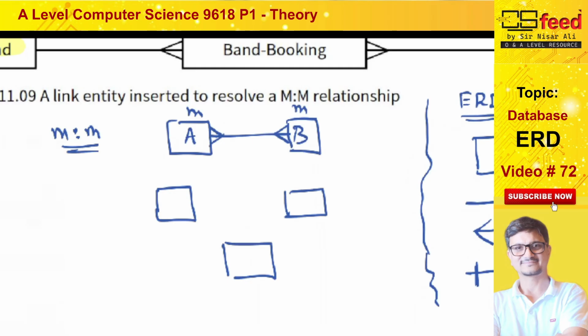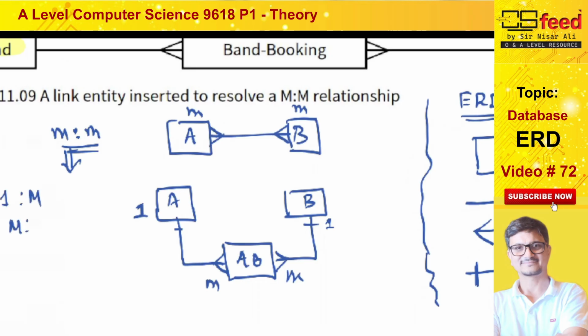So a link table between A and B, and this is the link table. Now this is one and this is many, this is one and this is many. So basically many-to-many is converted into one-to-many and many-to-one. So this is how the ERD gives us the solution.